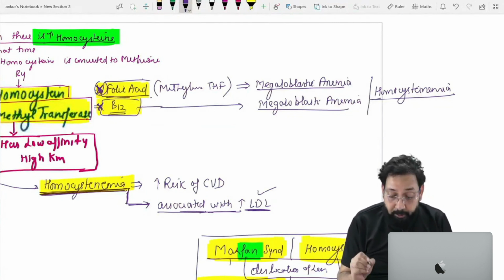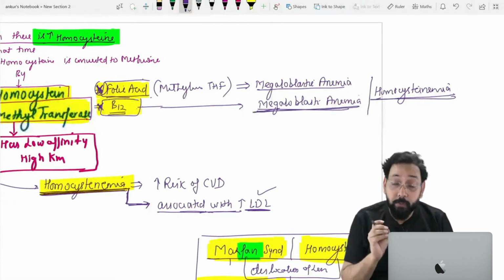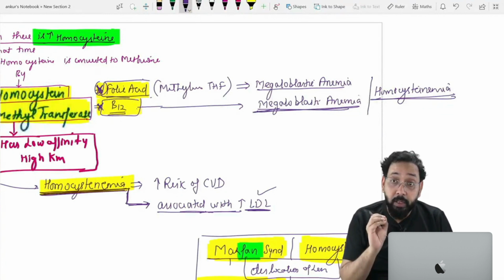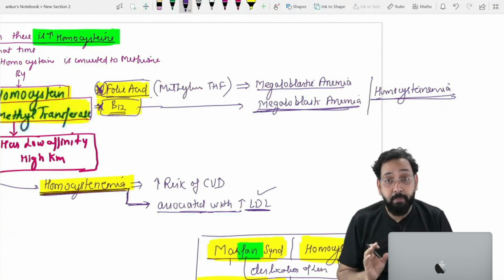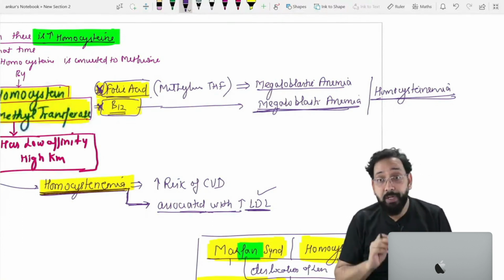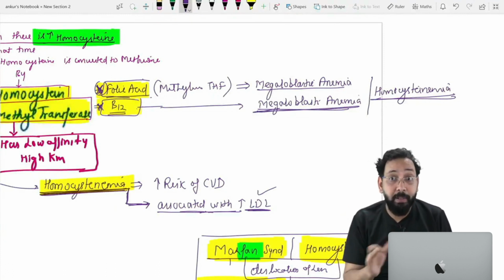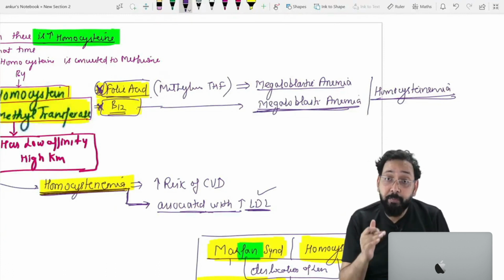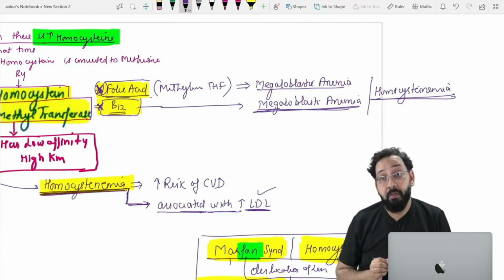Many times we give only folic acid, but suppose this patient has B12 deficiency. We found that these patients may respond slightly, not completely. The patient may respond in megaloblastic anemia symptoms to folic acid.